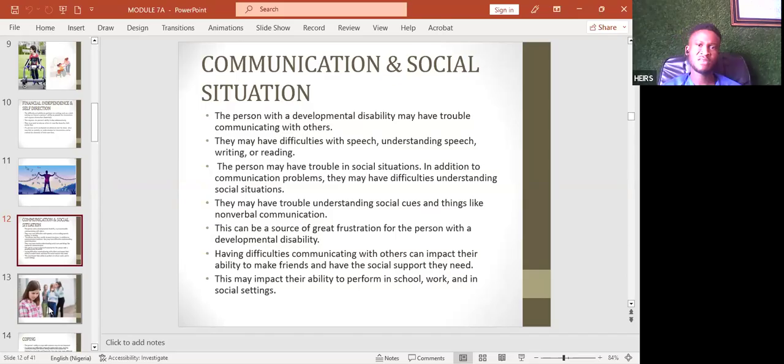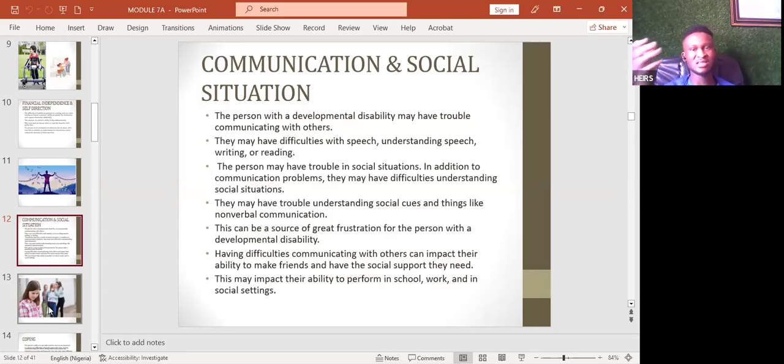And some people have difficulty understanding speech. Maybe they have ear impairment, so you have to shout at the top of your voice to pass information across to them. Or some of them have low reasoning ability. Even when you talk to them, they don't understand you well, so you have to explain and explain and explain.